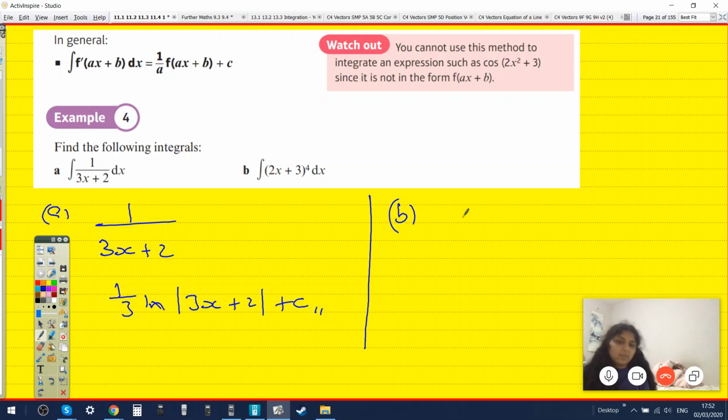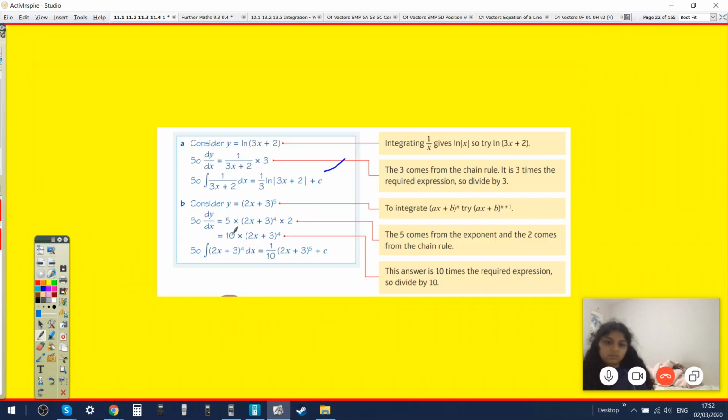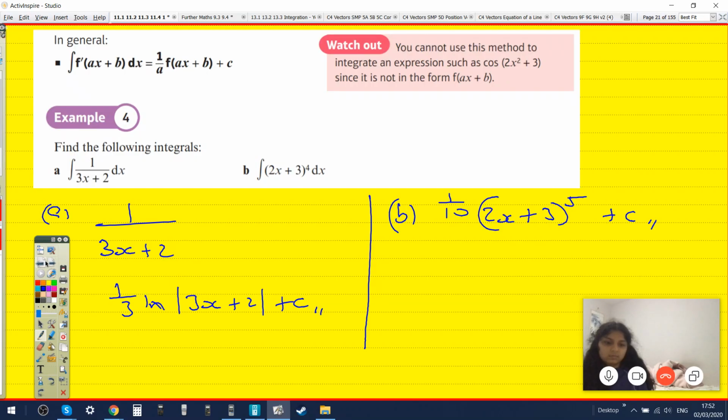Wait, no. It's got a power, so 2x plus 3 to the power of 5 over 10. Yeah. Great. Any questions about those?